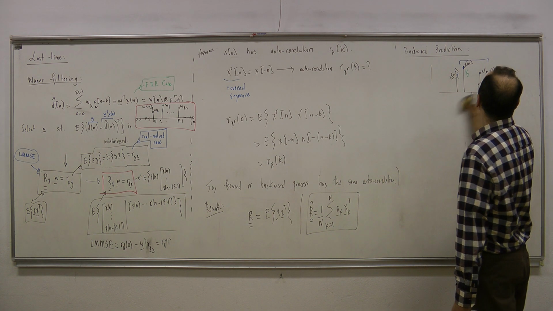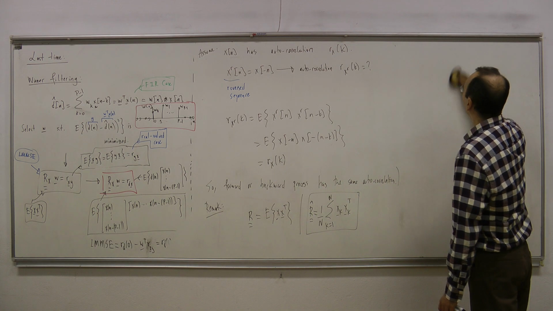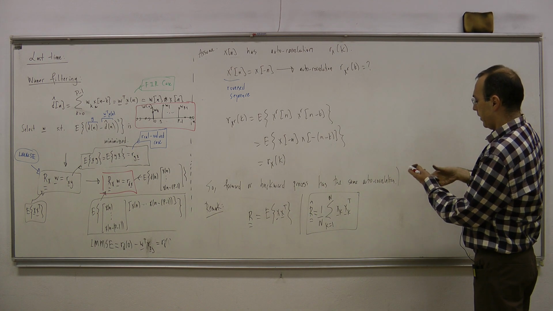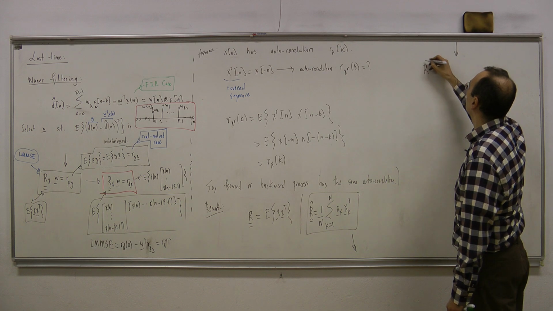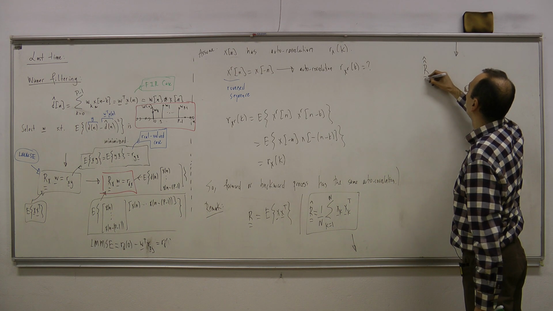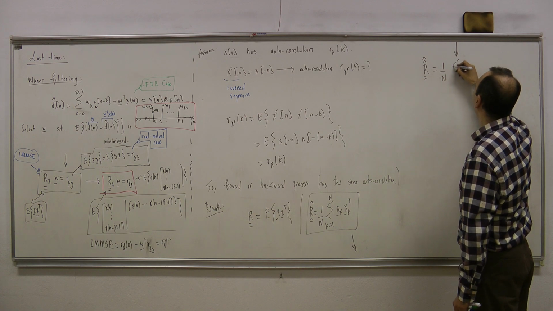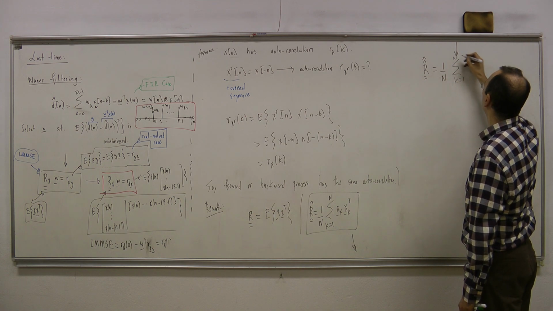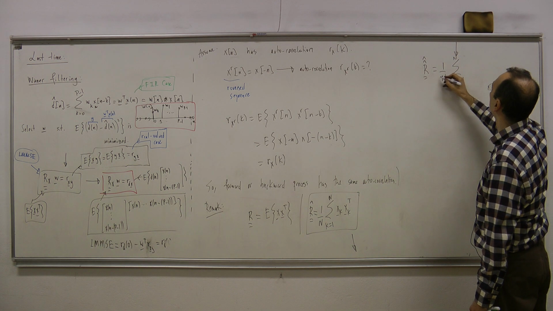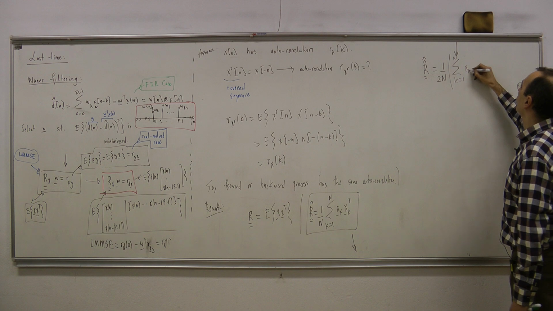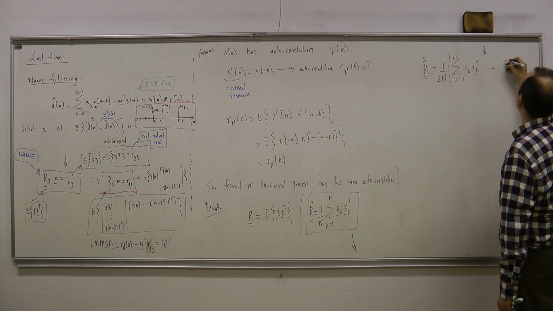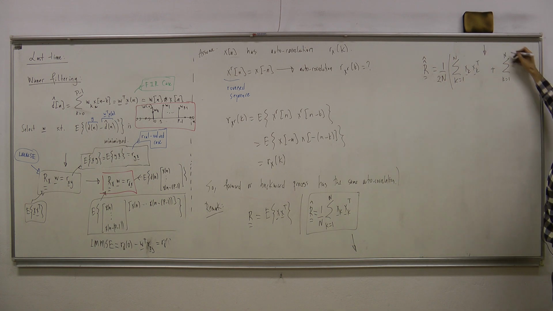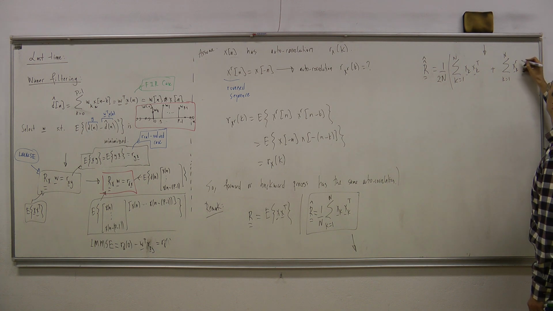This looks like a very good idea, but how about this? I have another estimator. This reversal, it looks like a trivial thing, but so let's say this is like a double hat, something like that. So if I do this, sum over k from 1 to n of x of k, x of k transpose, plus x of k reverse, x of k reverse transpose.